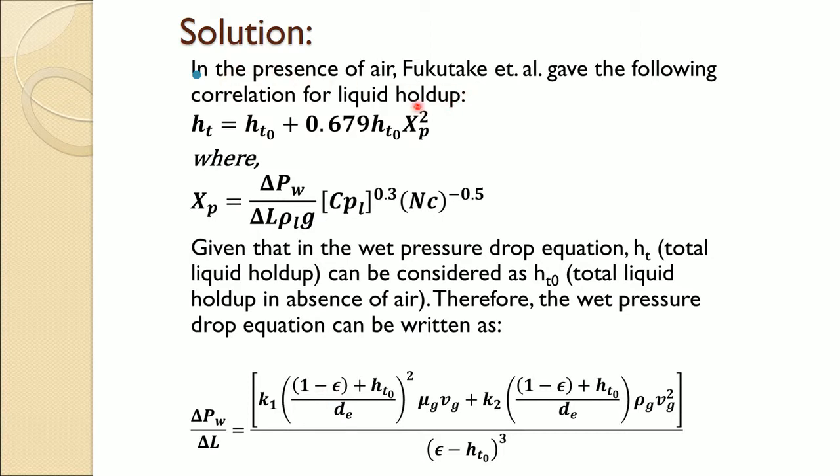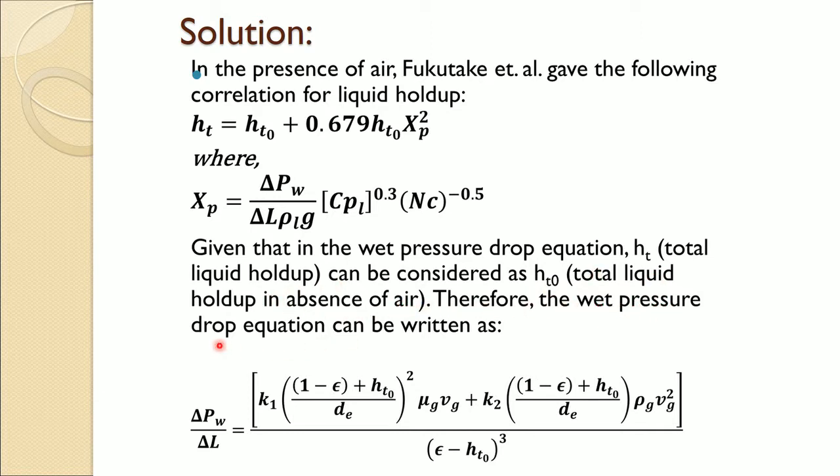So, here in presence of air, this is the correlation, where x p in terms of non-dimensional number is given as this, and as you can see, given that in the condition, pressure drop equation, H T, total liquid Holdup, can be considered as H T naught, total liquid Holdup in absence of air.